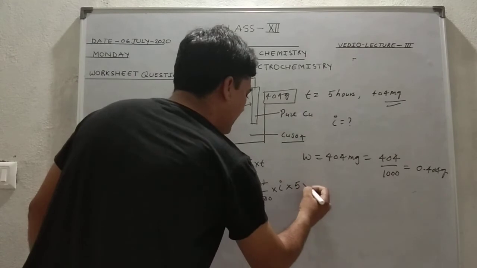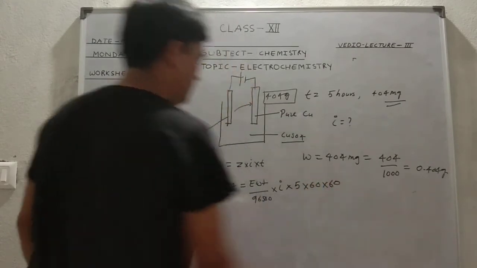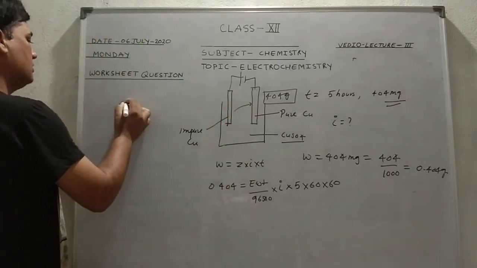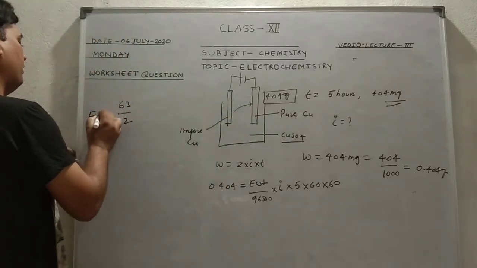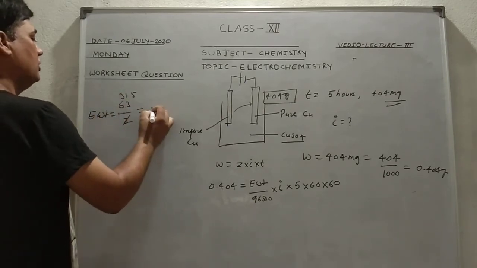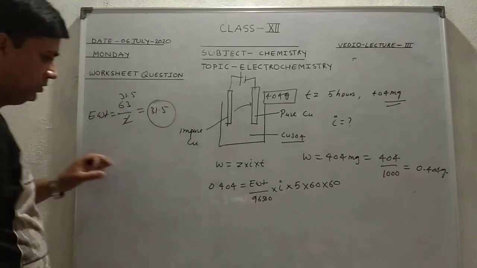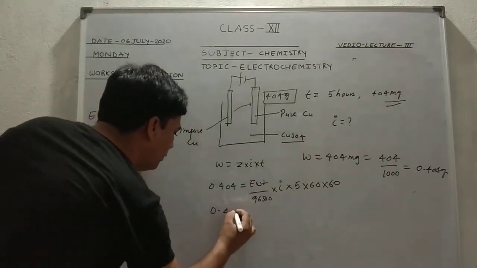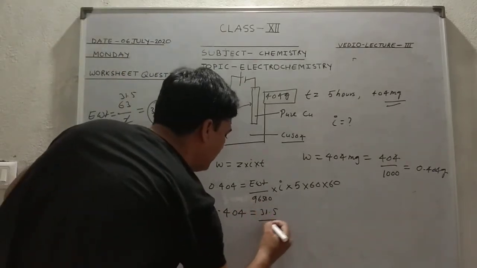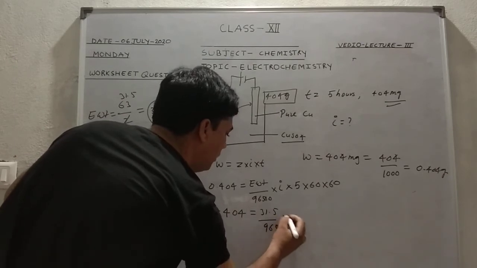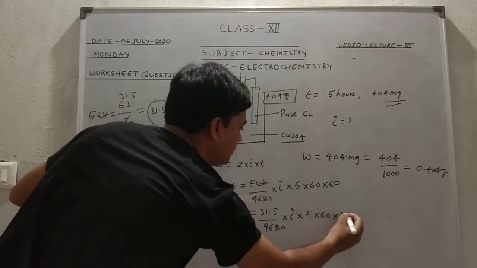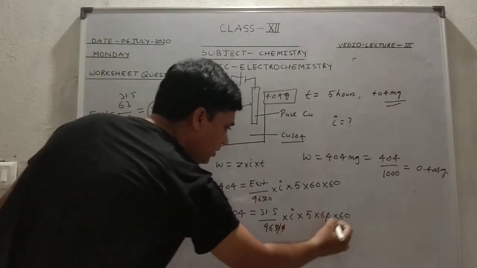You have to calculate I and t. 5 hours is 5 into 60 into 60. Equivalent weight of copper is 63 divided by 2, which is equal to 31.5. So put the values: 0.404 is equal to 31.5 divided by 96500 into I into 5 into 60 into 60. 20 cancels.